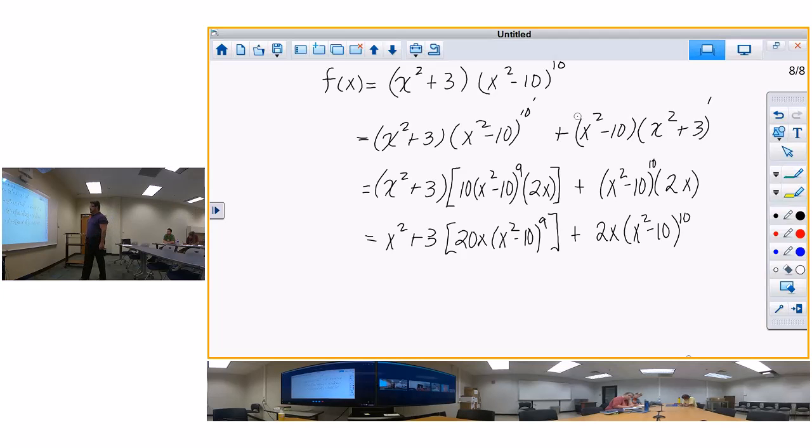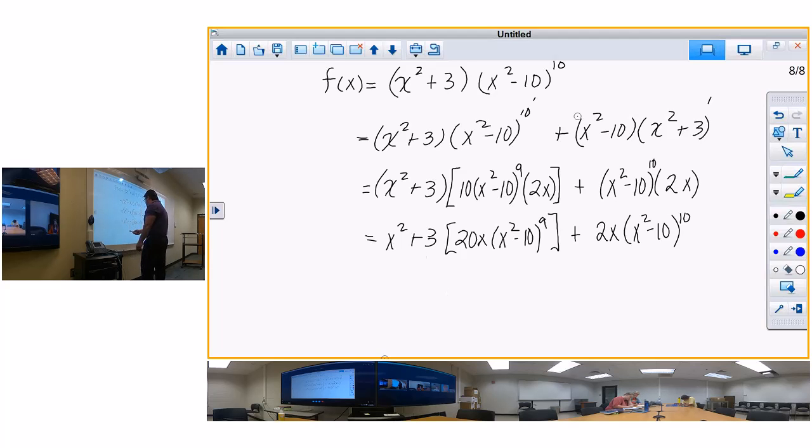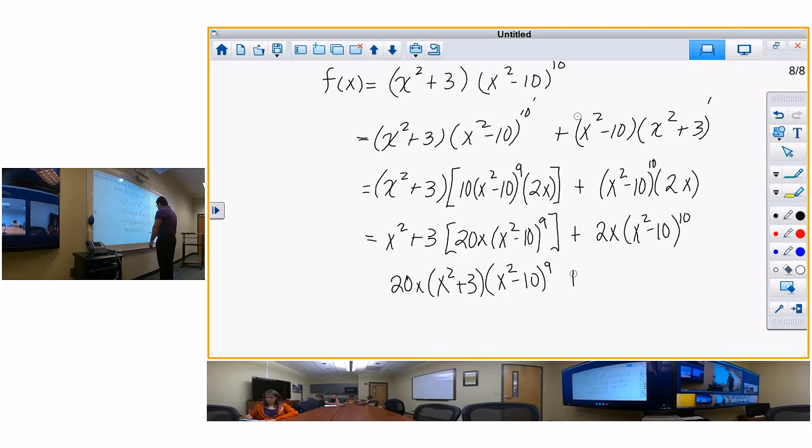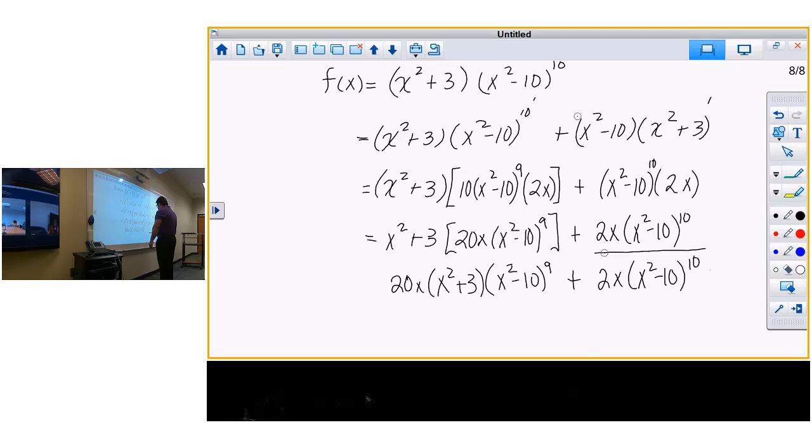You can leave it like that. You can distribute this 20x with this x squared plus 3 if you want to, or you could just finish it by saying 20x times x squared plus 3 times x squared minus 10 to the 9th power plus 2x times x squared minus 10 to the 10th power. I would take that as an answer, or you could have some form of that.